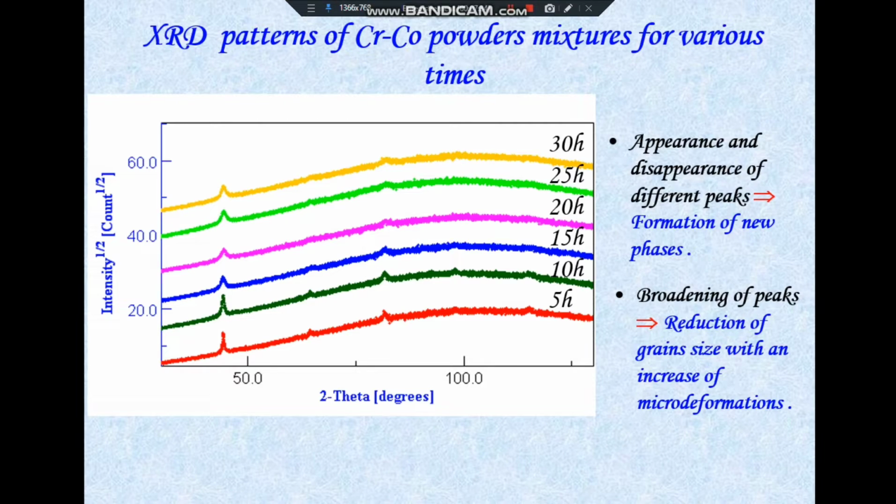And we notice a broadening of peaks, which means reduction of grain size with an increase of micro deformations. We have various times here: 5 hours, 10 hours, 15 hours, 20 hours, 25 hours and 30 hours. So now we pass to the next.